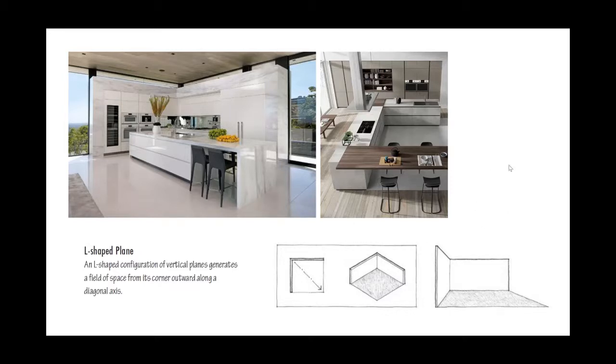For this application, you have this L counter for the kitchen, in which it creates a field of space for cooking. This one would be perceived as an opening, given it is through and through. This has a solid plane which encloses or separates this space from the space outside the kitchen counter.